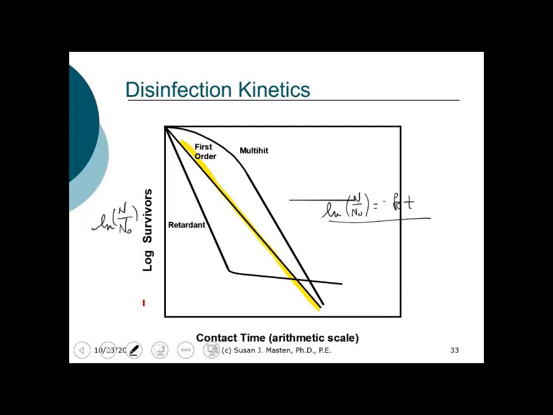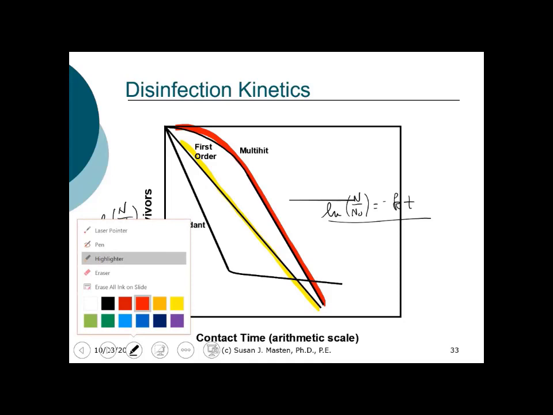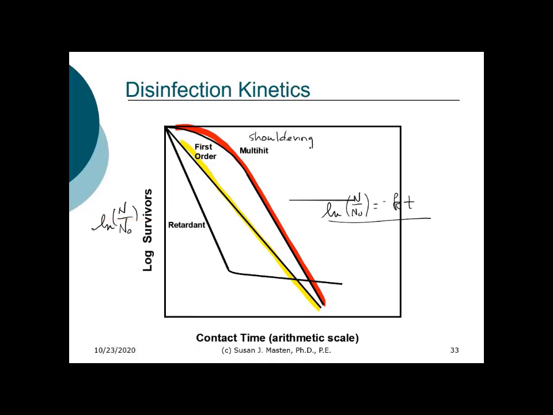So we may have a situation here, as I've shown in red, which is the multi-hit, and it's referred to as shouldering. It kind of looks like a shoulder. And what you see is that initially the decay rate is slower, and then it increases.